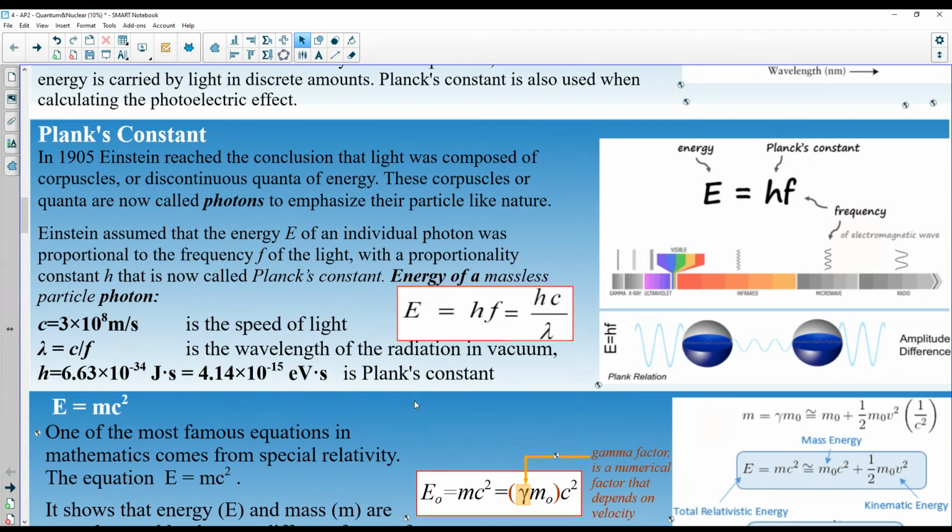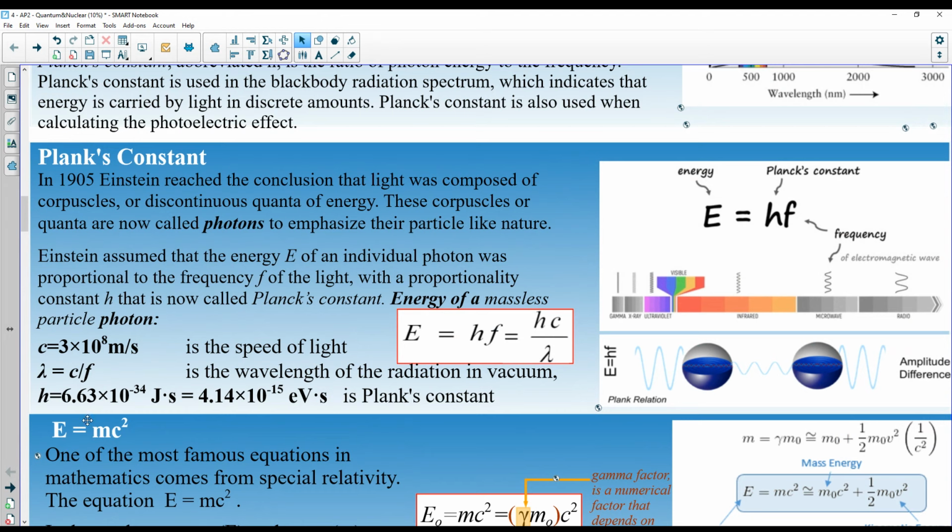Coming over here, it shows that Planck's constant equals 6.63 × 10^-34, and converting it to electron volts, it's 4.14 × 10^-15 electron volts.